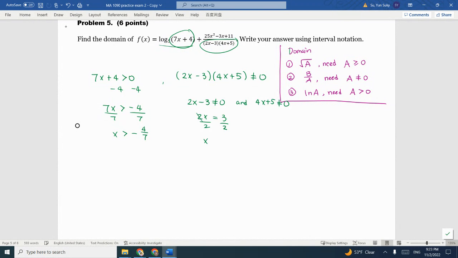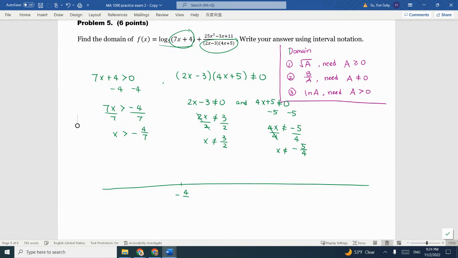Divided by 2, so x is not equal to 3 over 2. And here, subtract 5 on both sides, so 4x not equal to negative 5. Divided by 4, so x is not equal to negative 5 over 4. Draw them on a real number line. Negative 4 over 7.